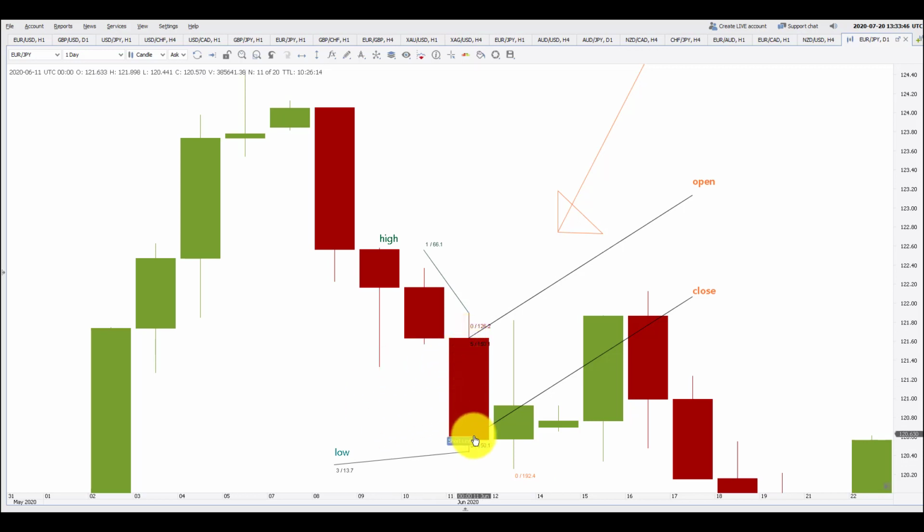Now this is the case of a bearish candle, or a candle which actually opened at the higher price and closed at the lower price. But there are candles which open lower and close higher.